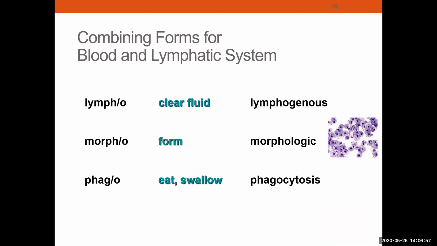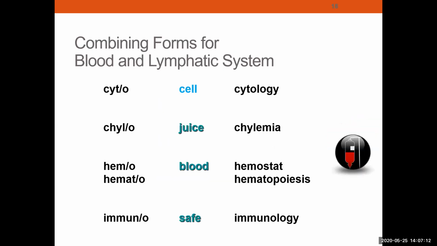Lympho is the clear fluid, so lymphogenous, pertaining to the clear lymphatic fluid. Morpho is to form, morphologic. Phago is to eat or swallow, phagocytosis, so pertaining to eating cells. Cyto meaning cell, cytology, study of cells.